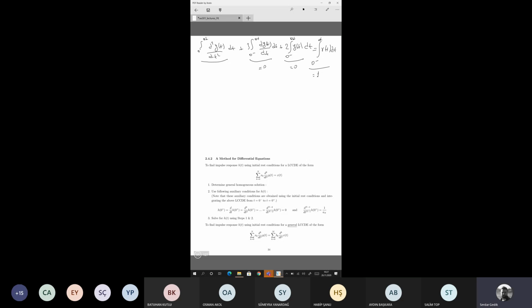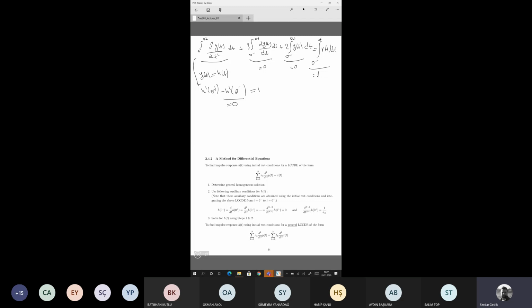So this tells me that I can have only impulsive terms at the second derivative of the output in that specific differential equation, which is the impulse response. So if I evaluate this term, it is h prime 0 plus minus h prime 0 minus, which is equal to 1. And h prime 0 minus is 0 by the initial rest assumption.